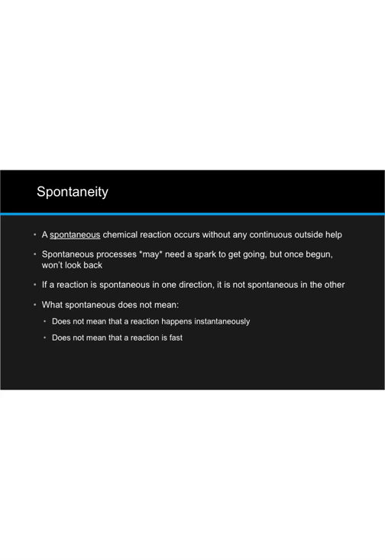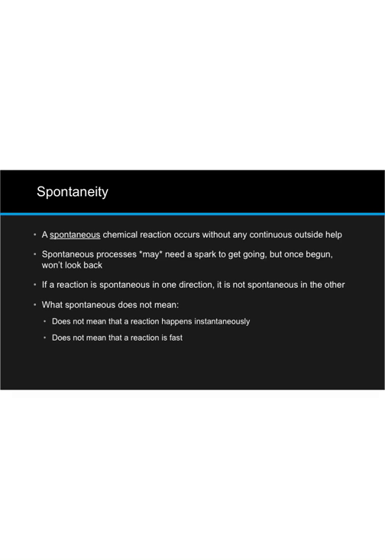What's going to be new in this chapter is a discussion of spontaneity. Spontaneity, or a spontaneous chemical reaction, is a chemical reaction that occurs without any continuous outside help. Even though reactions might require a kick to get them going, a spontaneous reaction is one wherein after that kick or spark, they continue all by themselves.